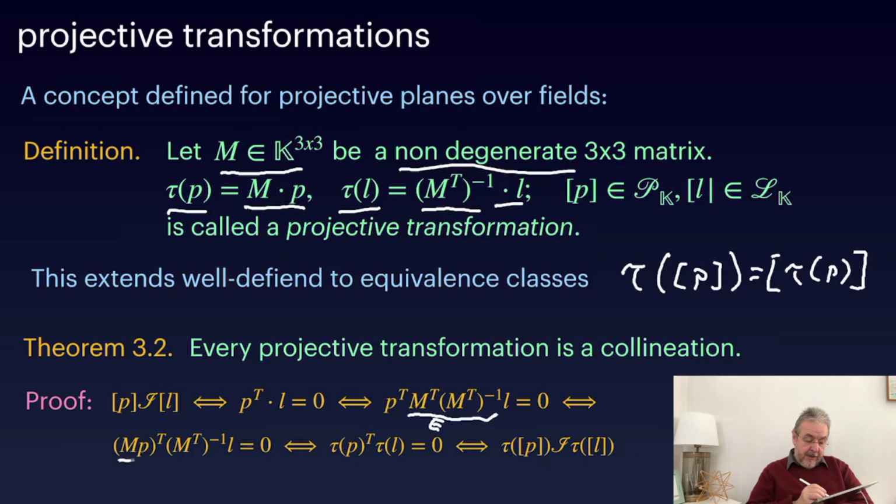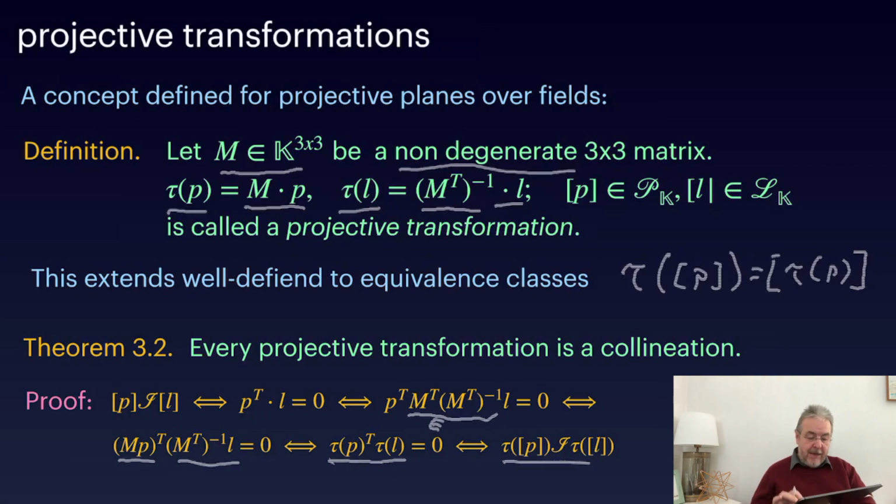So we have separated the M times P and the M transpose inverse times L, and you immediately see those are the definitions we got over here, and you see immediately this product is satisfied, so the corresponding images are incident as well. So from that we learn a projective transformation is a collineation. So if one of them is more general than the other, collineations are the more general concept.